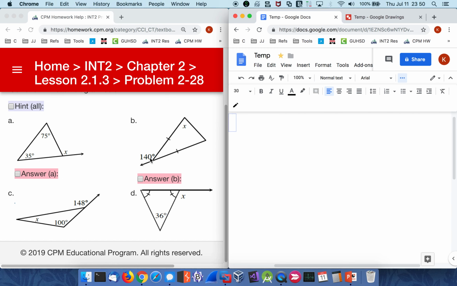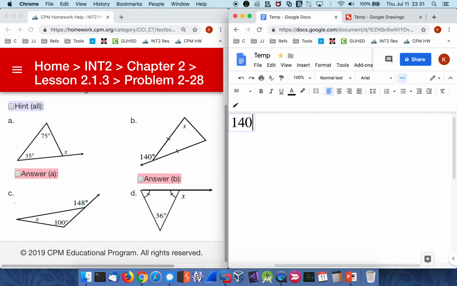Alright, so now we're on B. Ooh, interesting. So we've got this 140 over here, and then we've got x and something else. But again, exterior angle theorem: we know that this is the exterior angle, and so it's going to be equal to the sum of these two. We know that this side is equal to this side because they're marked that way, because it's an isosceles triangle. So we know this angle is x, this angle must be x.